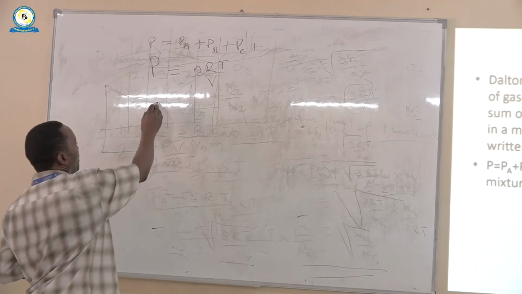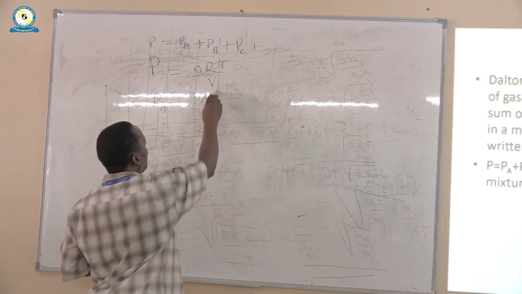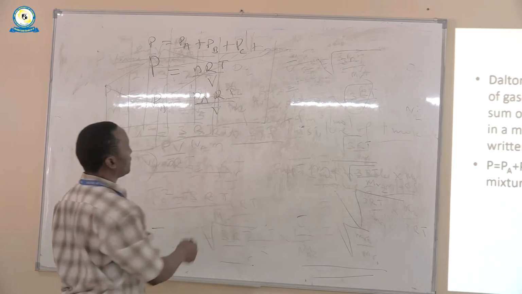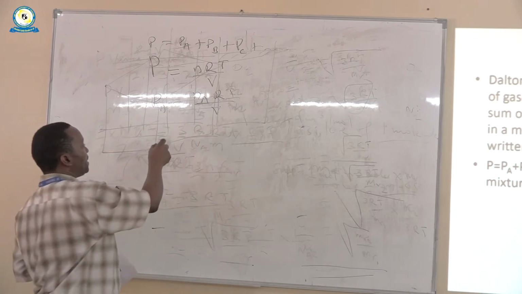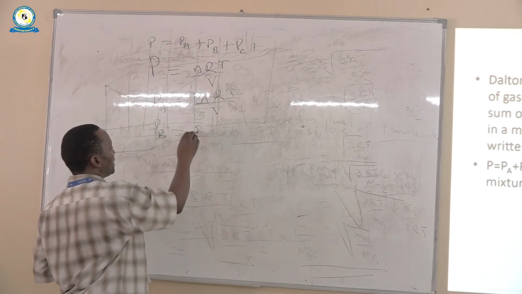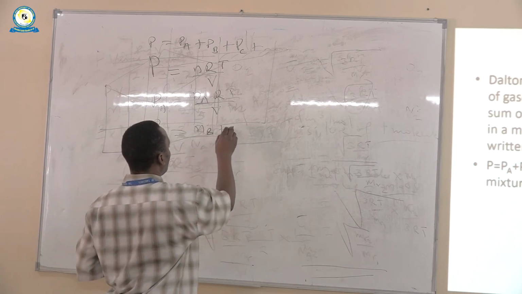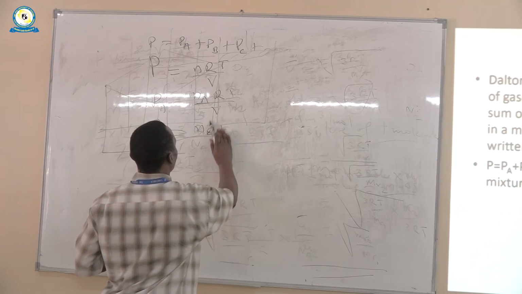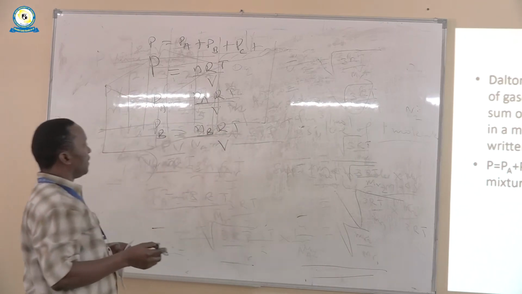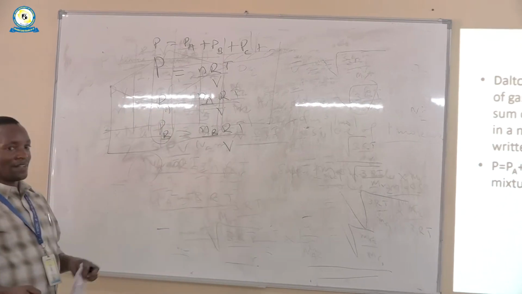And then the partial pressure A is treated as nA RT over V. Also PB will be treated as nB RT over V.